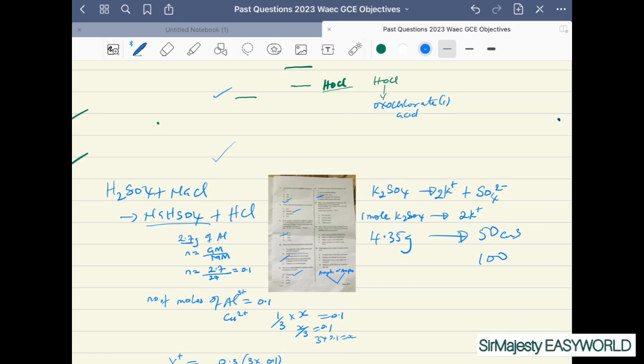You now ask yourself how many grams will 1000 cm cube contain. Then you cross multiply. 50x is equal to 4.35 times 1000, such that x alone is 4.35 times 1000 divided by 50.